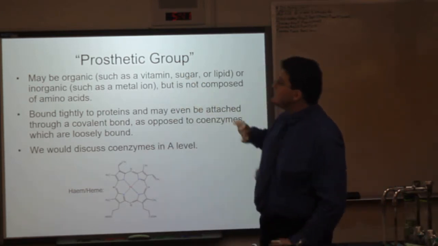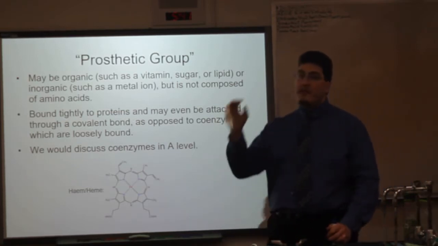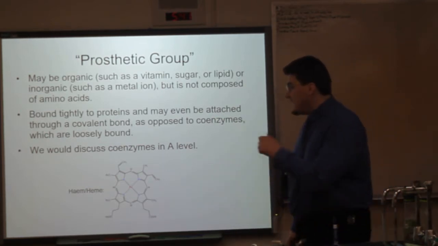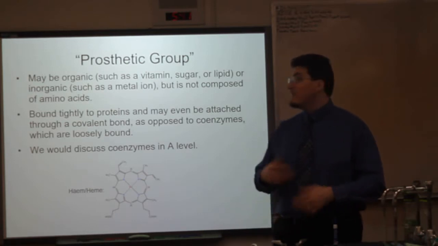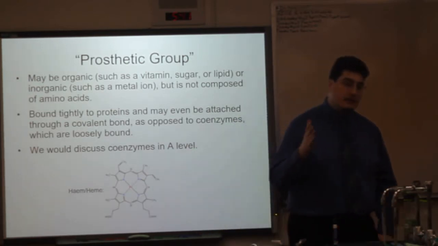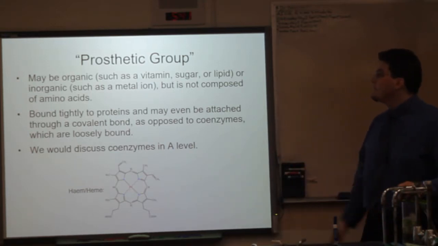It is bound tightly to proteins. It may even be attached through covalent bonding, as opposed to coenzymes, which are very loosely bound to proteins. In A level, we would be discussing coenzymes, but this is an AS level review, so we're going to stick to the AS level right now.